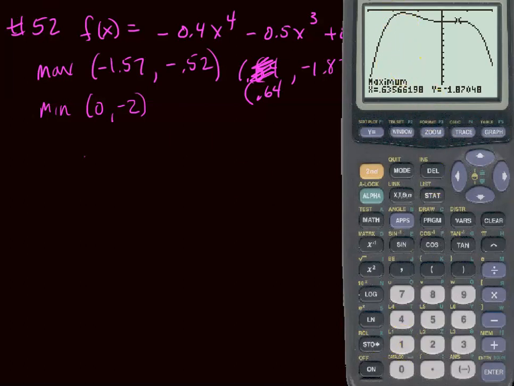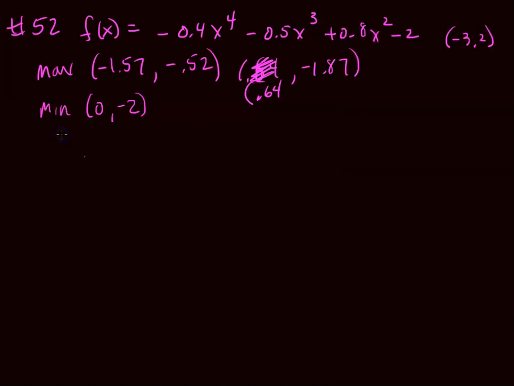So, it's doing something like this. Here's my maximum. We'll call that A. Here's my minimum. I guess I can call that B. Here's my other maximum. Let's call that C.